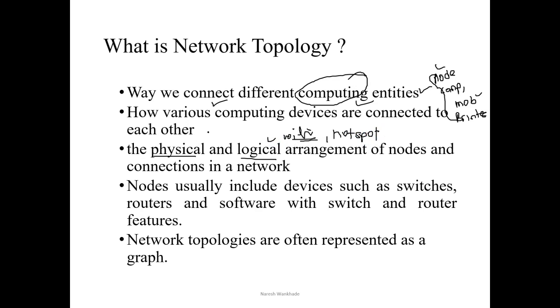If Ethernet or LAN is concerned, we need physical connection. So nodes can be anything, including devices such as switches, routers, and software with switch and router features. Any computing entity can be a node.